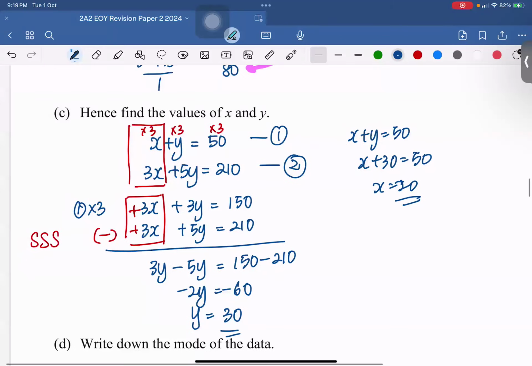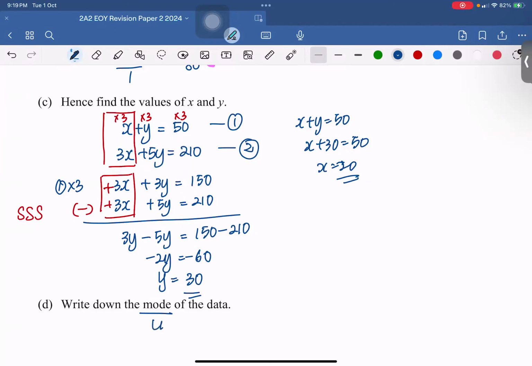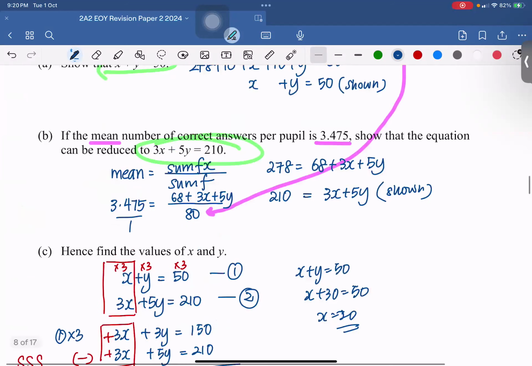Next one, what is mode? Most frequent data, the data with the highest frequency. Okay, it's the data value. Today my Sec 4 E student, the data value, they never write the data value.